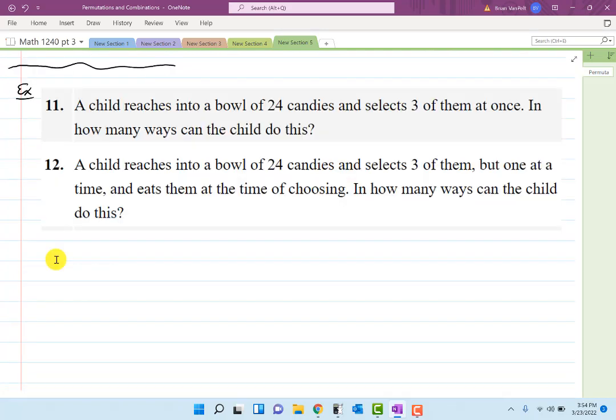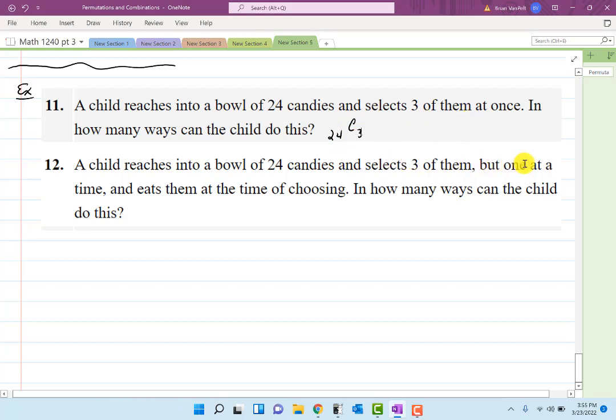Here are a couple of exercises to get you comfortable with the difference between permutations and combinations. If you look at number 11, the child is simply picking 3 candies all at one time, so they're not picking them 1, 2, 3. So for this one, you have 24C3, and the next one, see what's happening now, he's picking them one at a time.